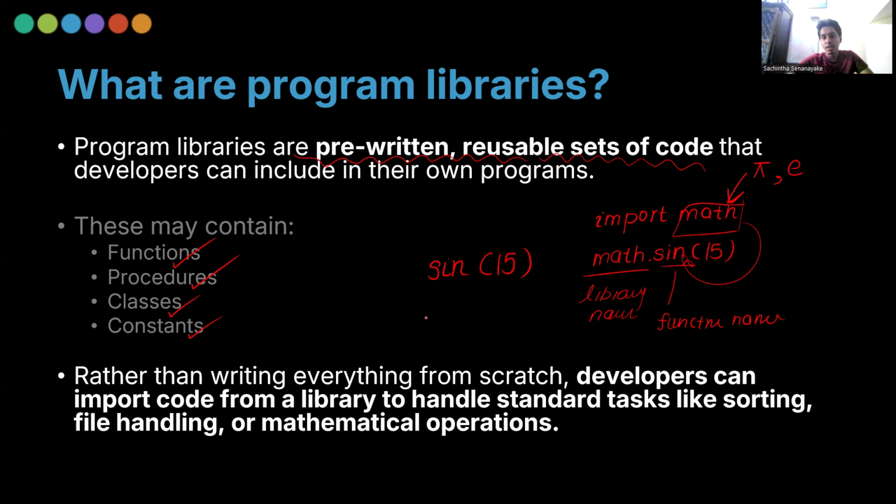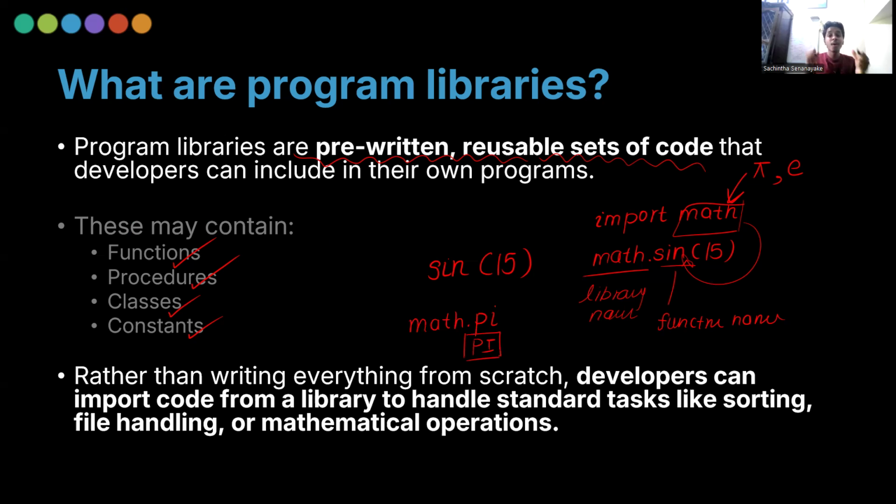So all you have to do to use the constant pi in the math library is just to say math.pi. I believe this may be spelled with a capital Pi. You might have to double check that, but the idea is that you can import all these things, functions, procedures, classes, constants, and other people's pre-written code that, like I said, you can reuse in your own program.